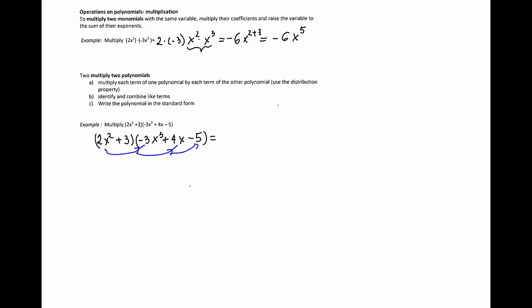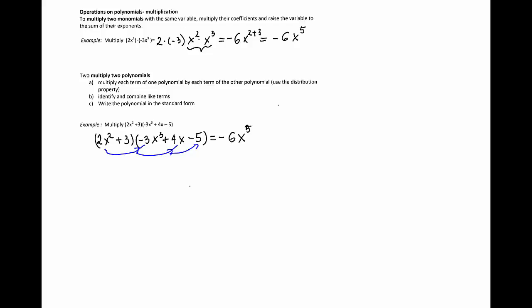Since we'll be multiplying two monomials in each step, we multiply the coefficients, repeat the x, and the exponent of x is going to be the sum of the exponents. So this is going to be x to the fifth.